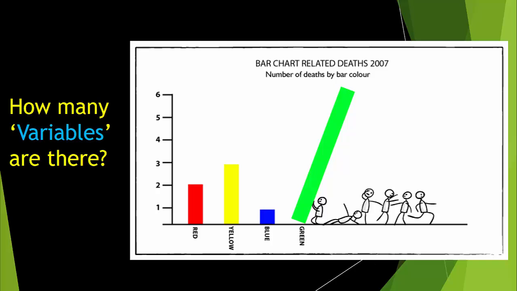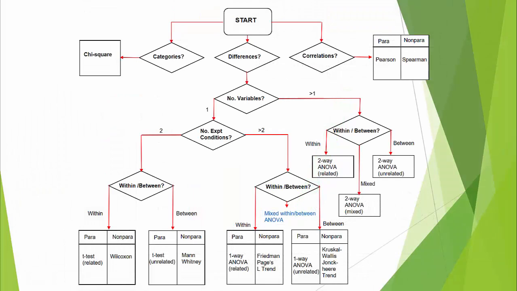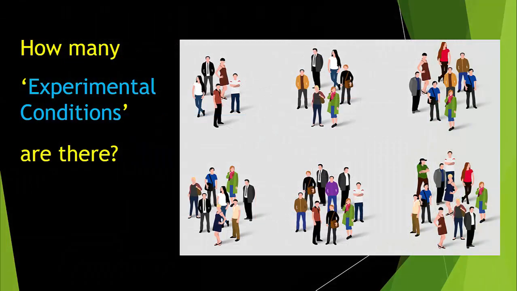So this chart tells us that there is only one variable of interest, which is the number of deaths. We are then asked how many experimental conditions are there. This simply means how many groups are there in the design. The simplest design is two, such as a control group and an intervention group.